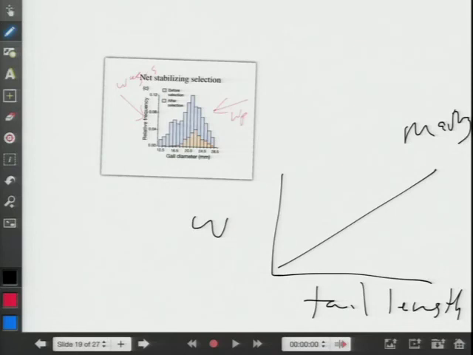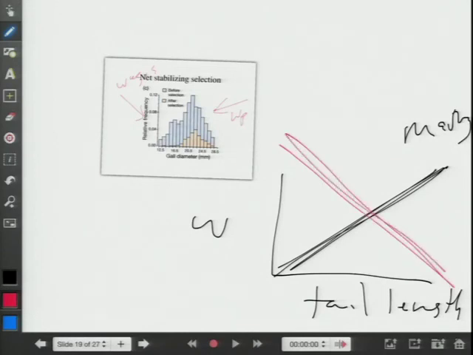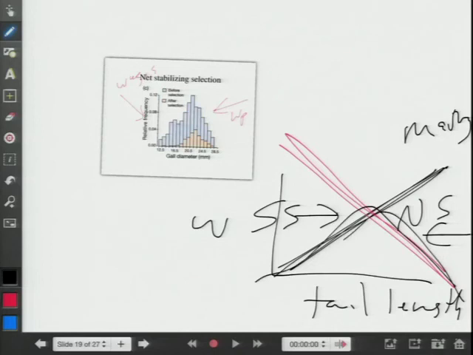So in the context of mating, there might be directional selection for longer tails. But that might make you easier to be killed by a tiger. So predation might do this, right? So there might be opposition where sexual selection is directional this way and natural selection is directional that way. Different kinds of contexts, not just predation. All these things give you this kind of net stabilizing selection.